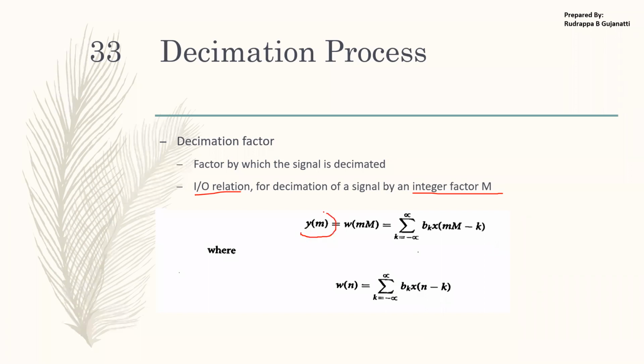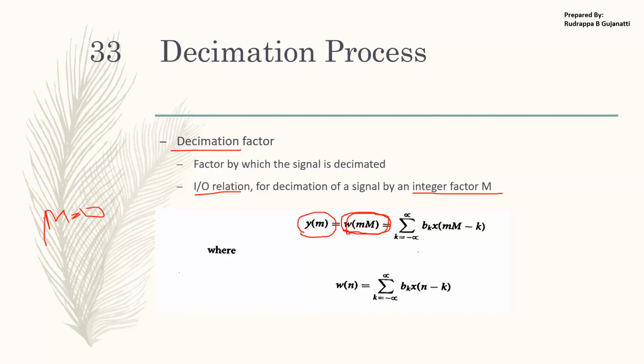So I have a signal y of m, and I want to reduce the number of samples. So I want to decimate. How do I decimate? I take the samples in this form. From the overall output, what I do is, I consider w of m into M. So if I just observe, if m is equal to 0, what happens?